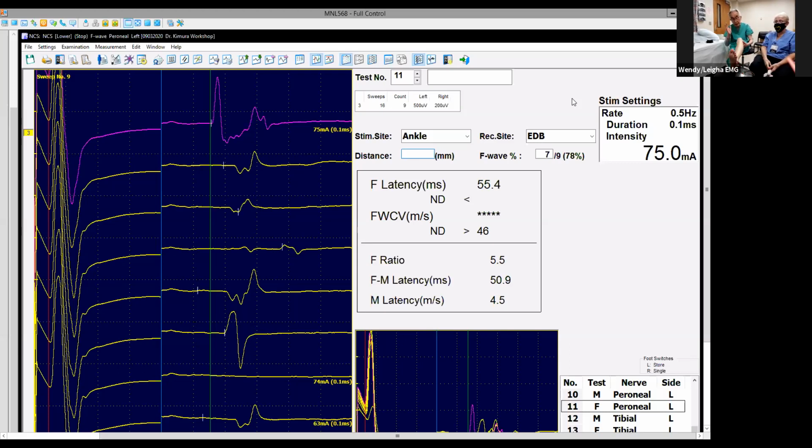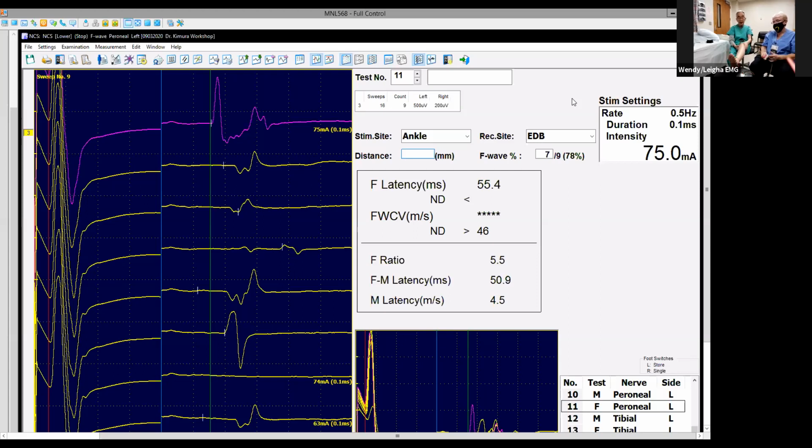Another thing is the recording site. We usually record the tibial nerve from the abductor hallucis, where the muscle is. But electrode placement on the foot doesn't really matter at all. Even if you have the pickup electrode on the EDB, if you stimulate the tibial nerve, you get a good response because there are a lot of tibial nerve innervated muscles in the vicinity.